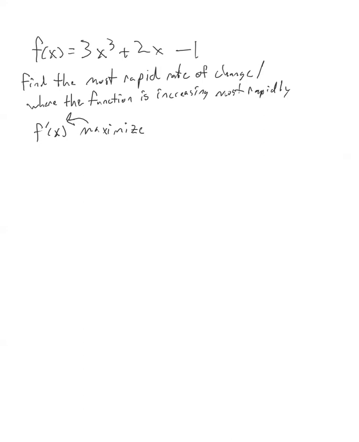This is f prime of x. We keep the 3 from the coefficient, but then the power rule says bring the 3 down, subtract 1 from the power. Derivative of 2x is 2. So this derivative is just 3 times 3 is 9, x squared plus 2. And now this is the function that we're trying to maximize.